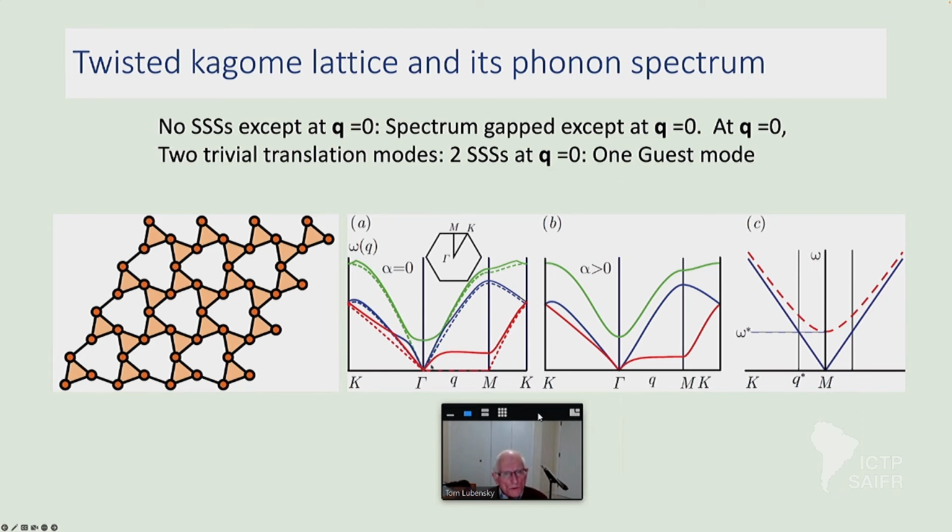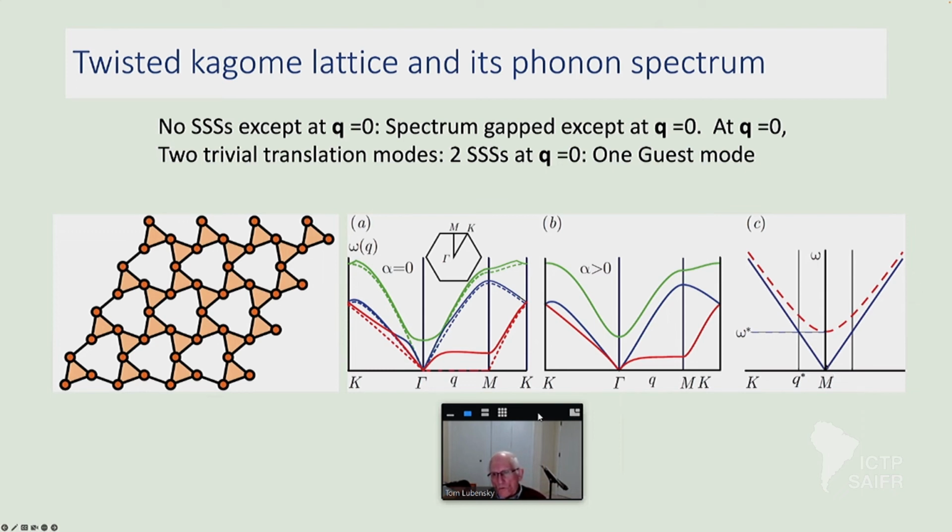The non-alpha equals 0 part right here, the straight lines, are for a lattice that has next nearest neighbor interactions, so they gap the spectrum right away, whereas when alpha is greater than 0, we get the same thing. In other words, turning on a twist has almost the same effect on the bulk spectrum as adding next nearest neighbor forces.